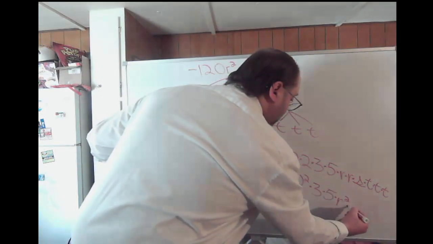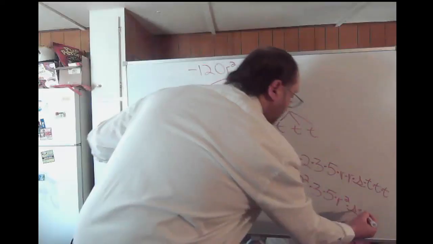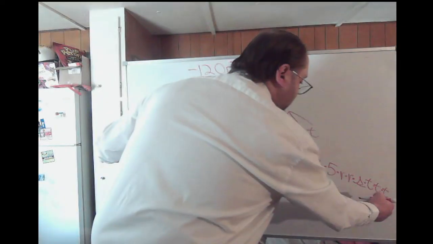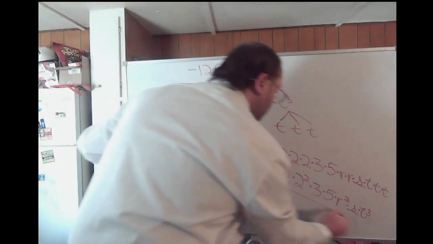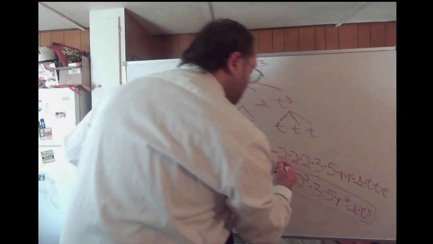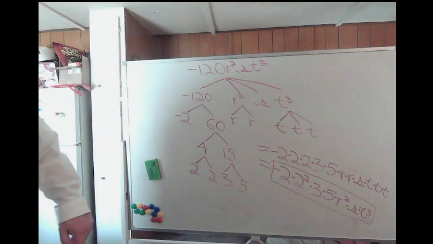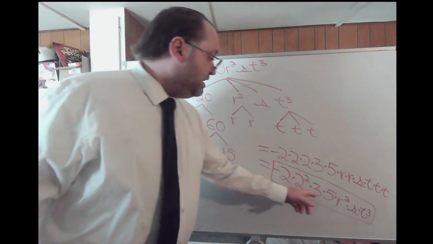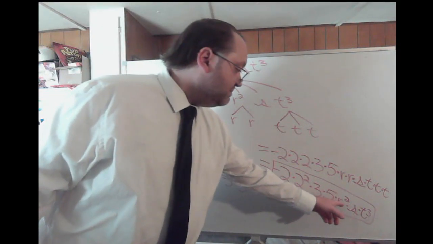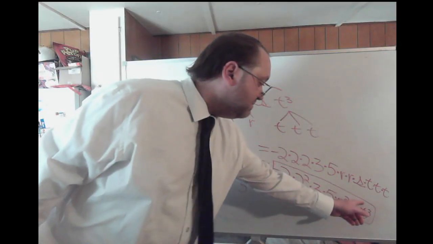Then you have s by itself. Then t times t times t is t to the third power. So your prime factorization is negative 2 times 2 squared times 3 times 5 times r to the second power times s times t to the third power.